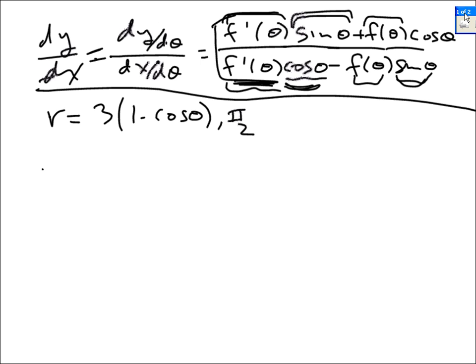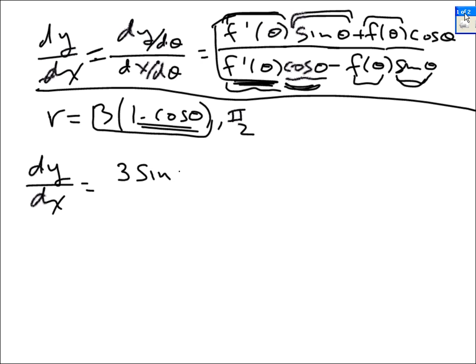Well, you have to use the formula. The derivative formula, dy dx: remember, this here is f of theta, and this is the derivative of f of theta. This 3 just stays there. The derivative of this is sine theta. So that's f prime of theta times sine theta, plus f of theta, 3 times 1 minus cosine theta, times cosine of theta.